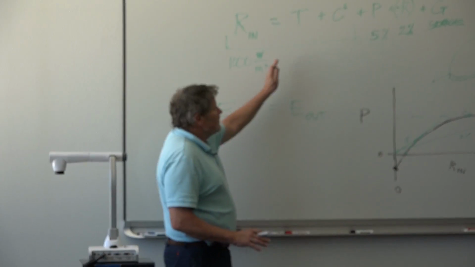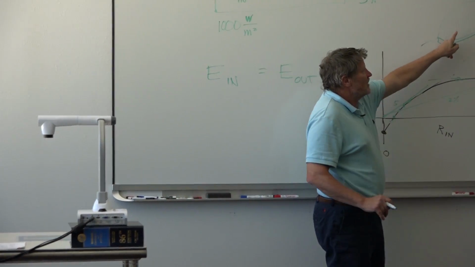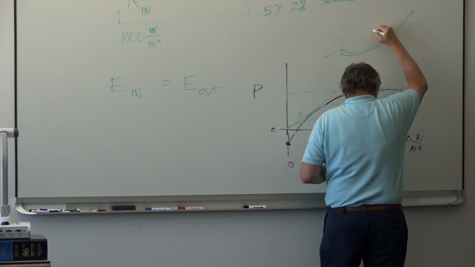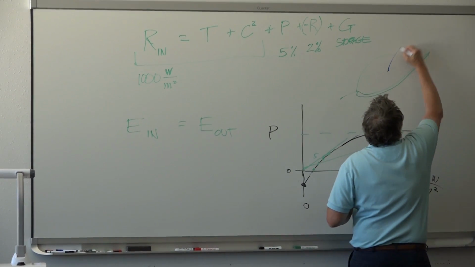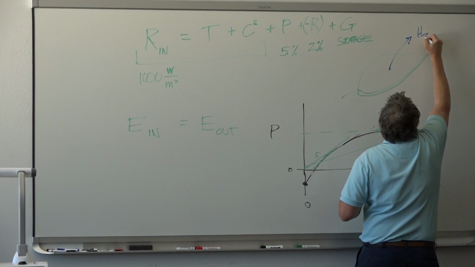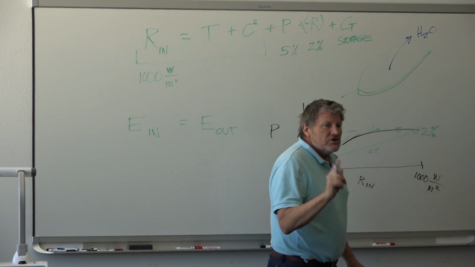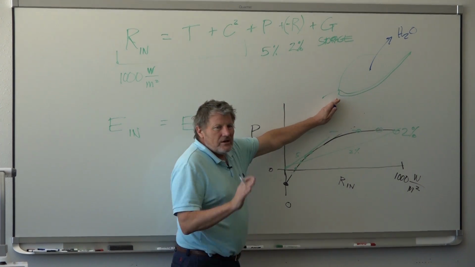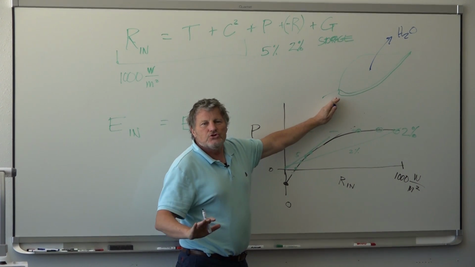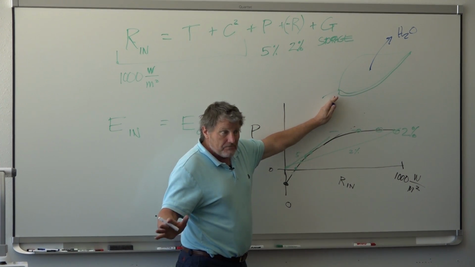Let's say our leaf right here is evaporating. To be anatomically correct, water always has to be shown in blue. This leaf is evaporating enough water to stay exactly at the same temperature as the air. And this happens all the time.